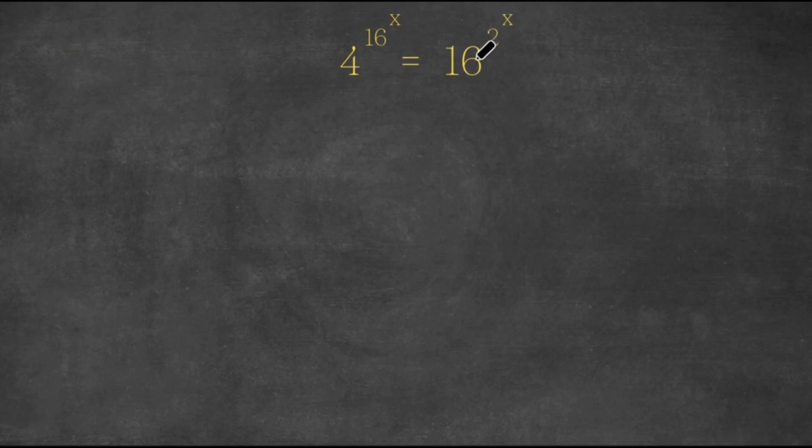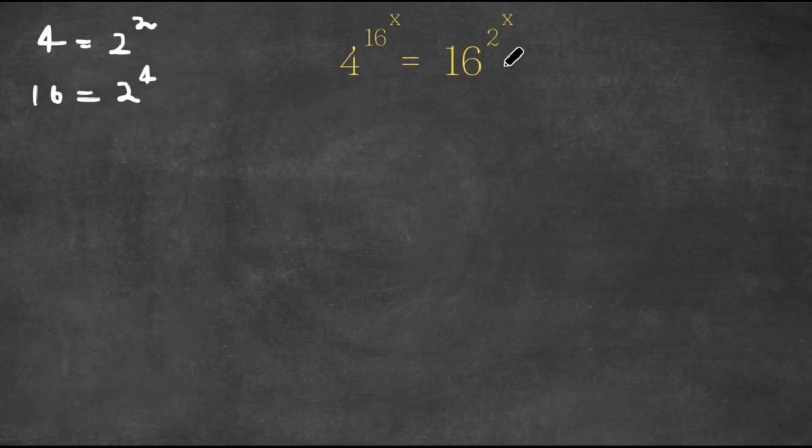Now, what I'm first going to do is rewrite both of these bases, 4 and 16, as powers of 2. Now, 4 is equal to 2 squared, and 16 is equal to 2 to the power of 4.